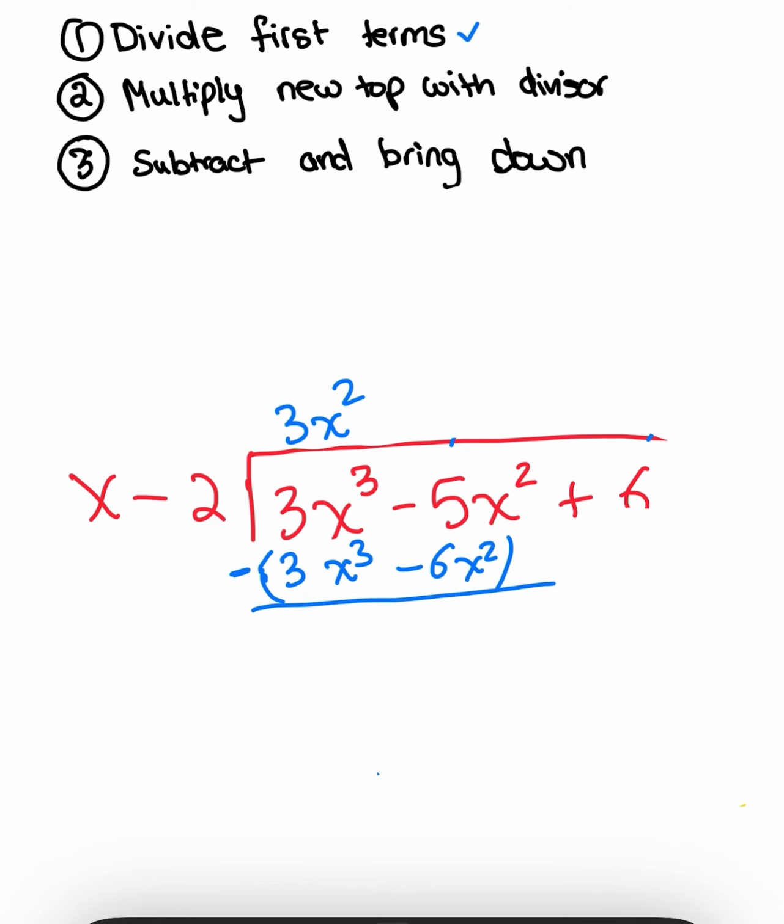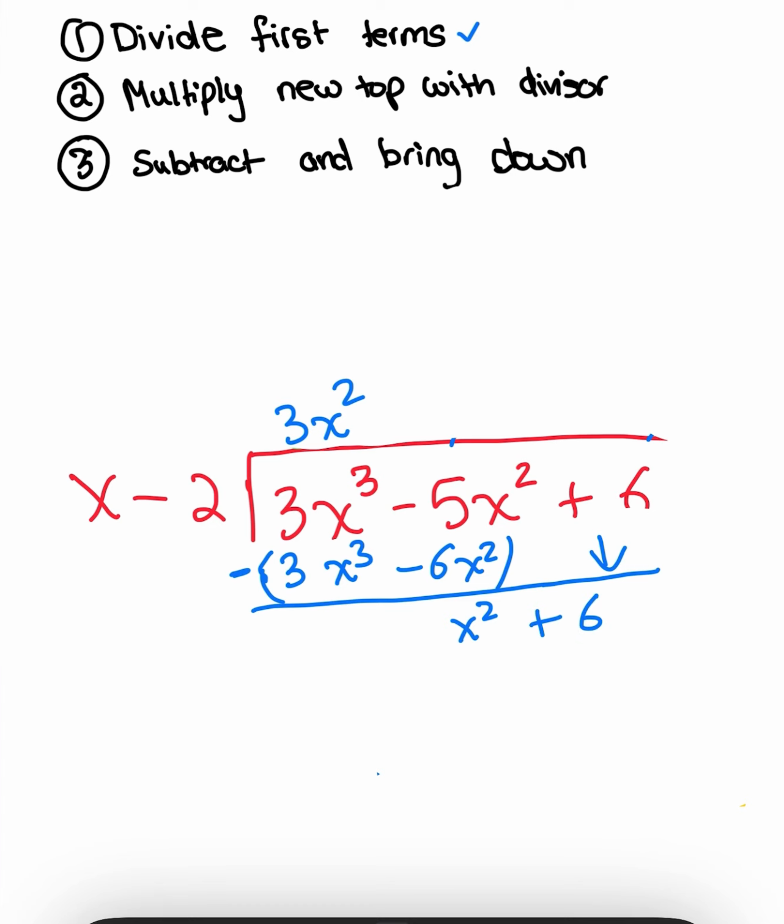Negative 5x squared plus 6x squared, which is going to be 1x squared, or just x squared. 3x to the power of 3 minus 3x to the power of 3 is 0. I'm not going to write it down. So we have done the subtraction part. Now we do the bring down part.